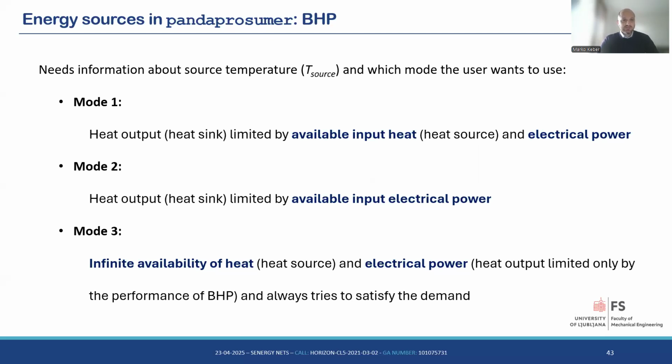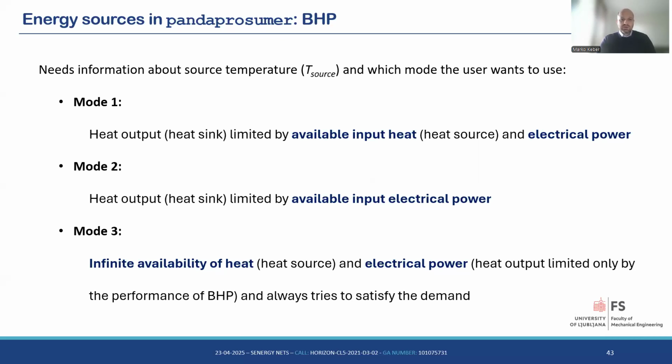There are different modes that the booster heat pump can operate in. Mode 1 will take electricity and heat. It will be limited by how much heat it gets, for example, from another element, from a CHP, and how much electricity it can get from another element, such as a CHP.